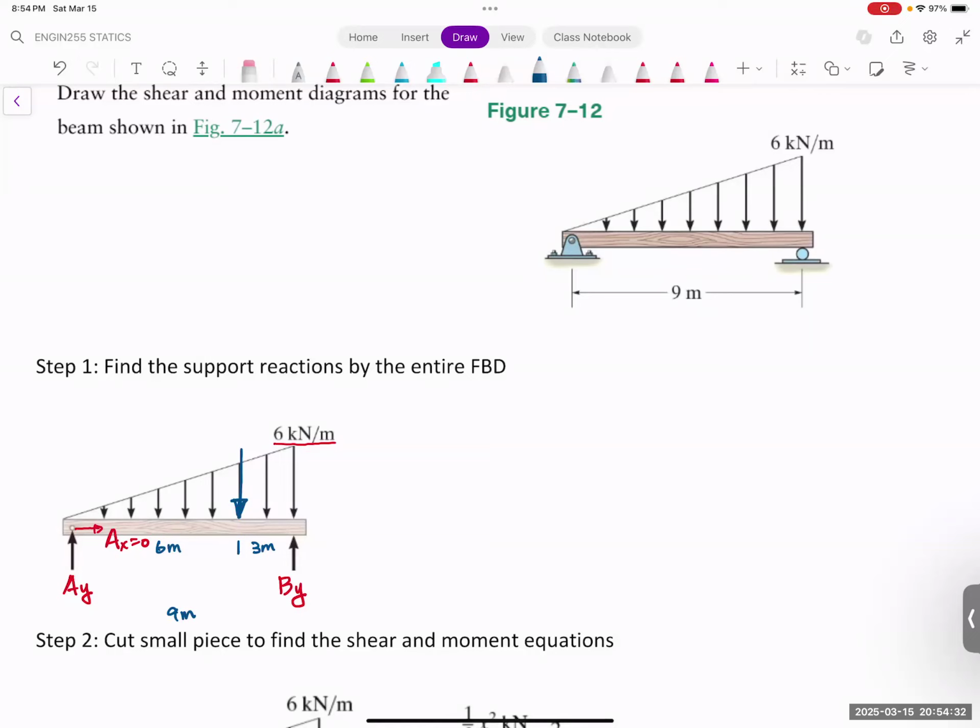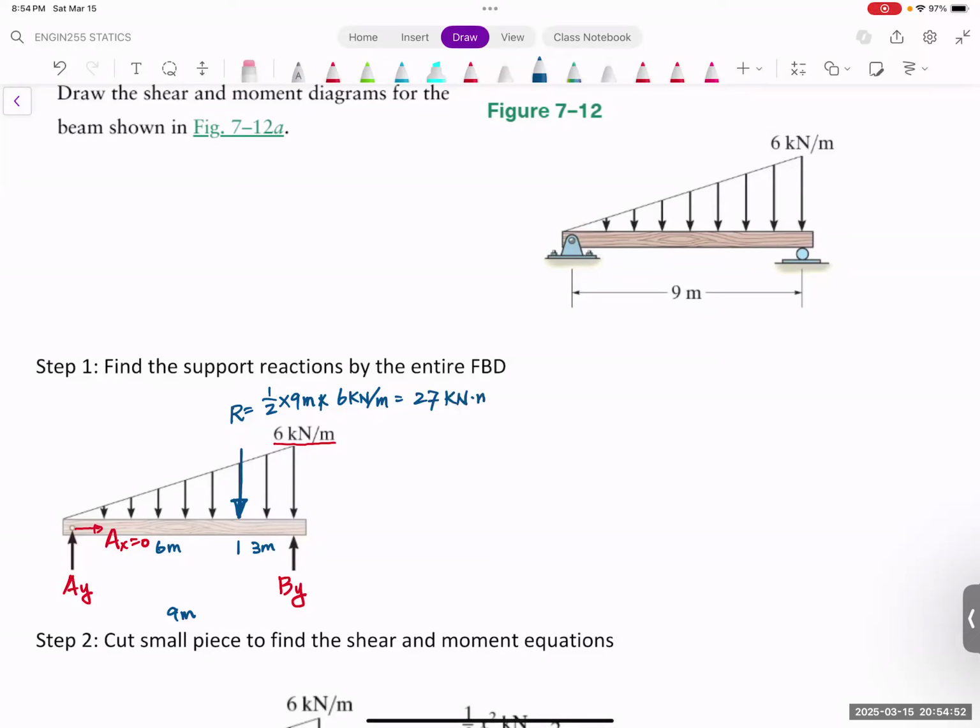And the resultant is going to be equal to 1/2 times the length of the base multiplied by the height, and that is going to be 27,000 Newton.